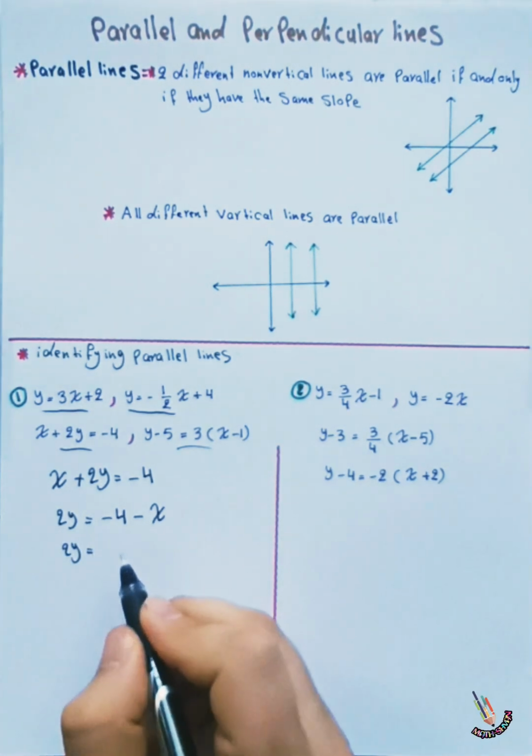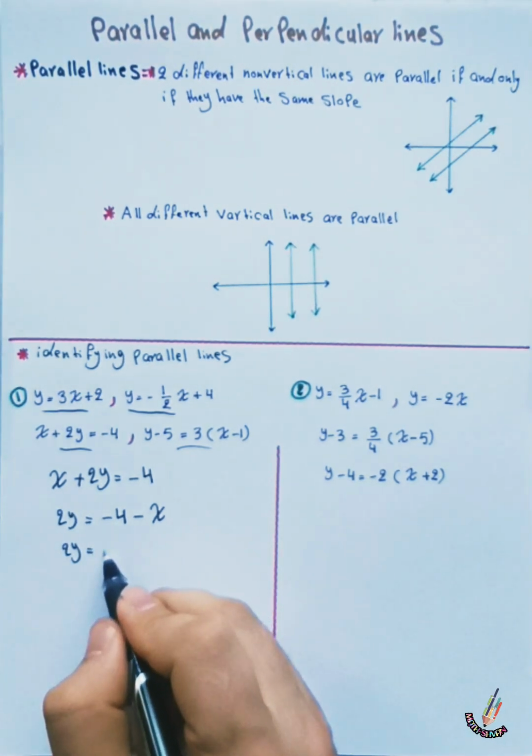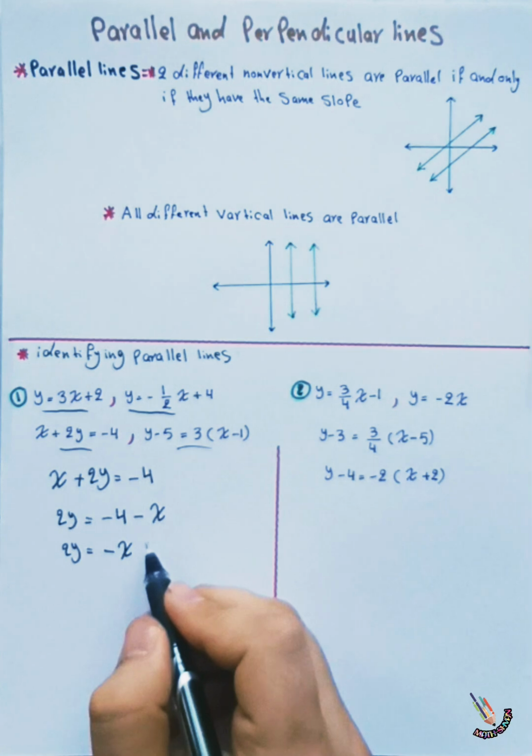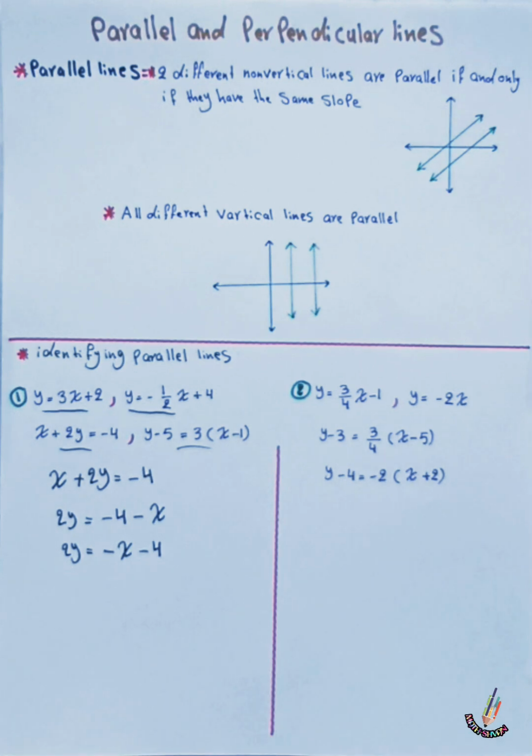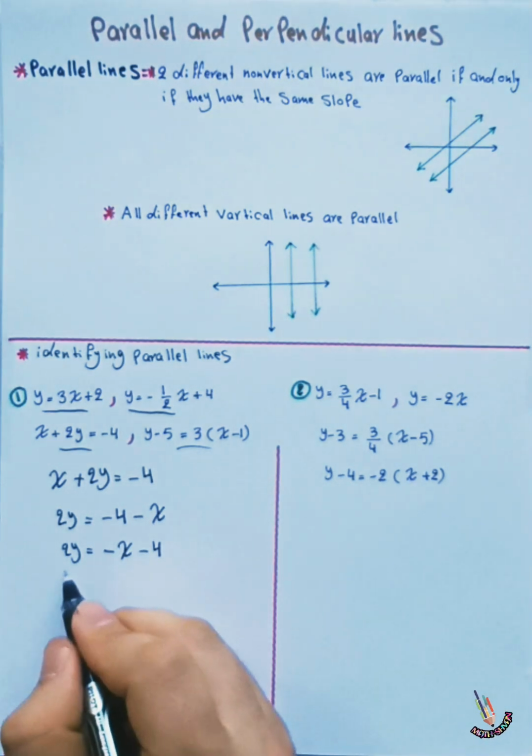2y equal to negative x minus 4. After that, you have to divide both sides by 2 to make y alone.